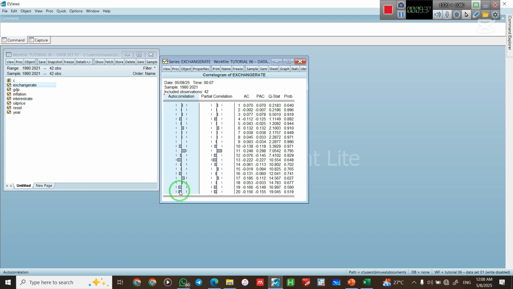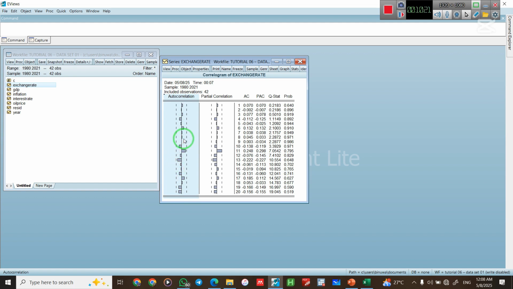There are two criteria to be satisfied, and if both are satisfied, we can say that the variable is stationary. One is that the data points should not have any kind of systematic pattern. In this autocorrelation function, we can't see any systematic pattern.